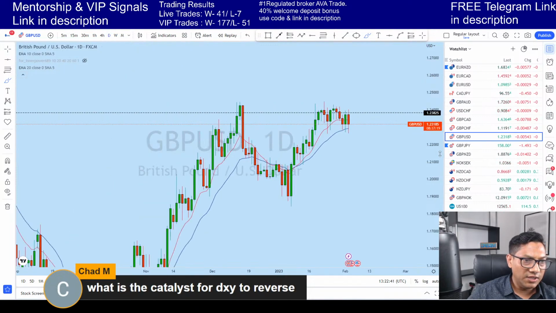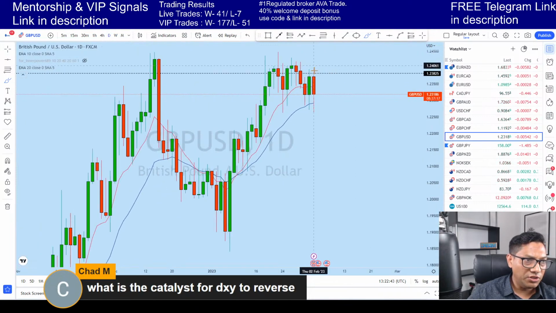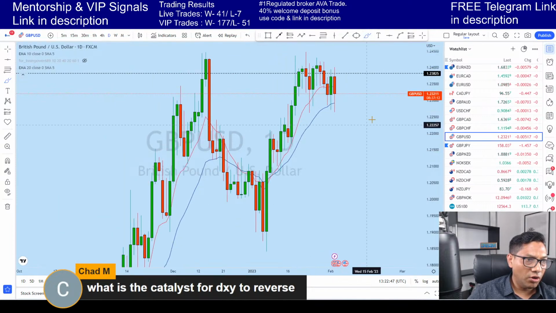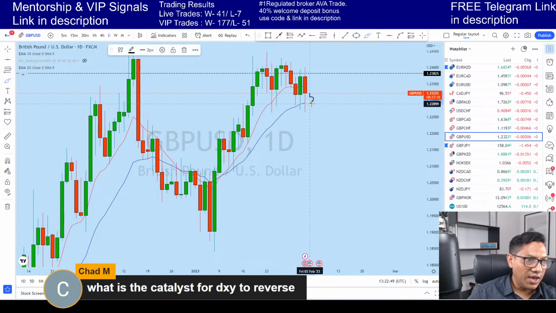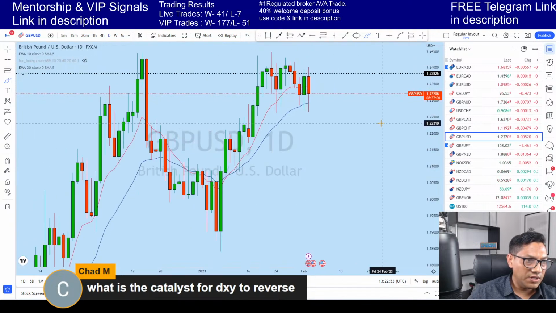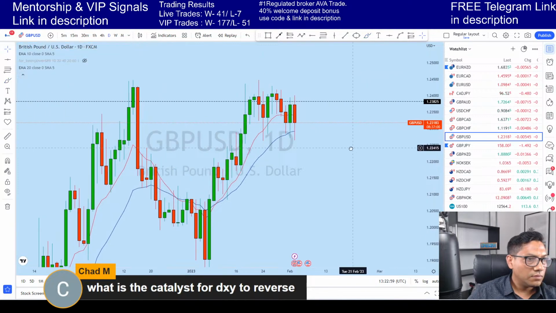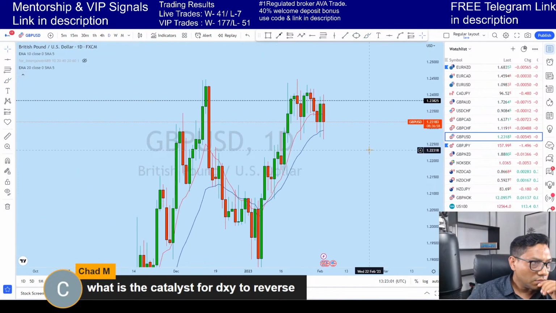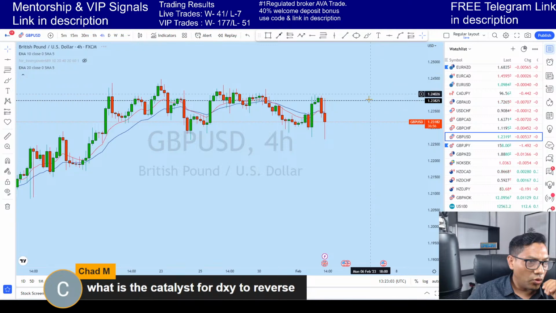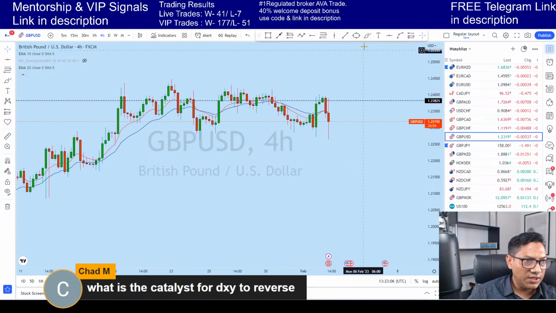Looking at the daily in a similar way, we see there is a bearish engulfer on GU. With this bearish engulfer, the price is slowly coming down. Looking at the 4 hour, this is where we see a middleman on the 4 hour perspective.